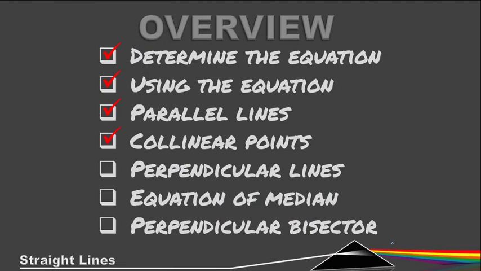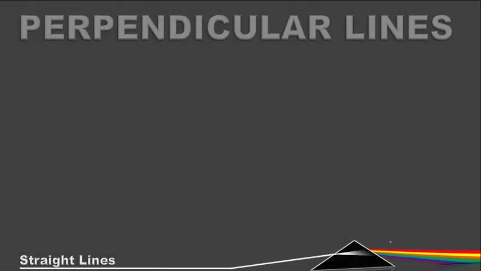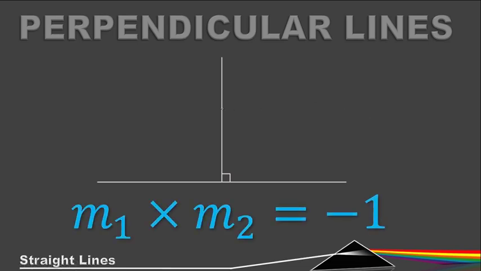Now let's look at perpendicular lines. Perpendicular lines are lines that cut each other at a 90-degree angle. What we can know about the gradients of these two lines is the following formula.